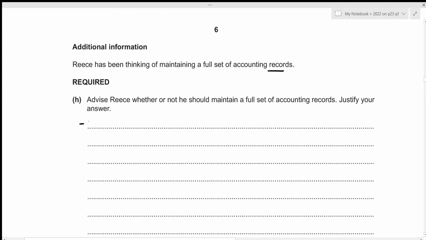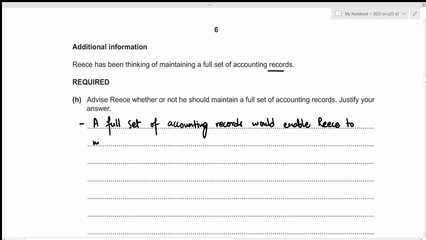Let's write it down. A full set of accounting records would enable Reese to monitor and control all income and expenditure, and while monitoring and controlling all income and expenditure, it would definitely avoid the occurrence of irrecoverable debts.